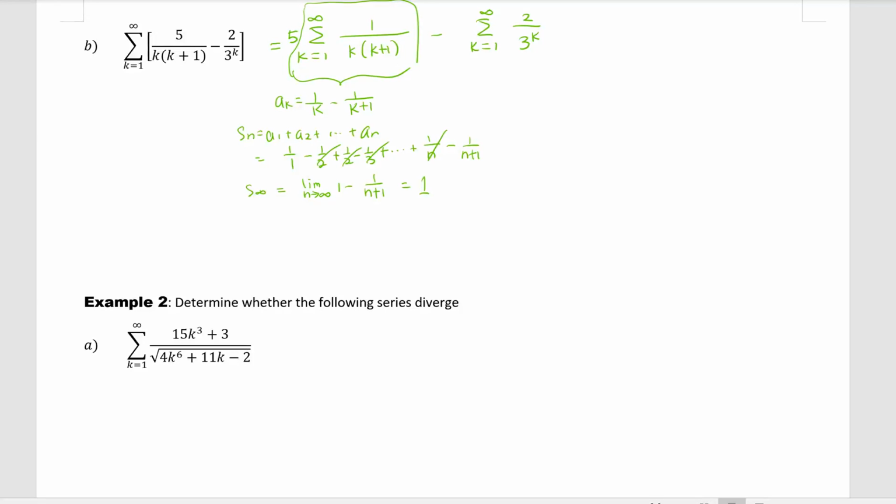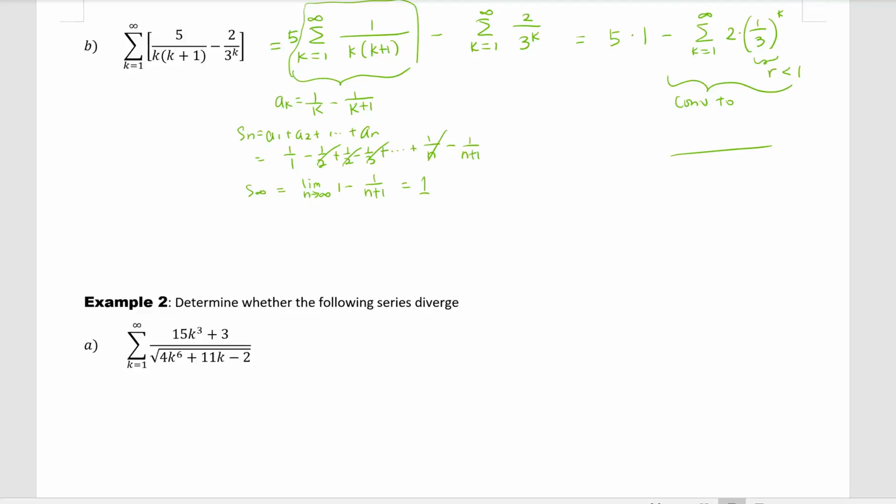So we get 5 times 1 minus the sum from k equals 1 to infinity of 2 times 1/3 to the k. Here r is less than 1, so this is a geometric series, and it converges to the first term.